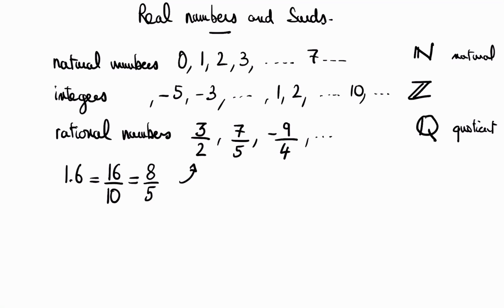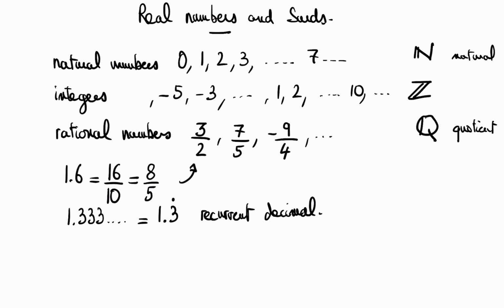Now, what about numbers such as, for example, 1.333 infinitely, which we write as 1.3 with a little dot on it to say they are recurring decimals. Is that an irrational number?